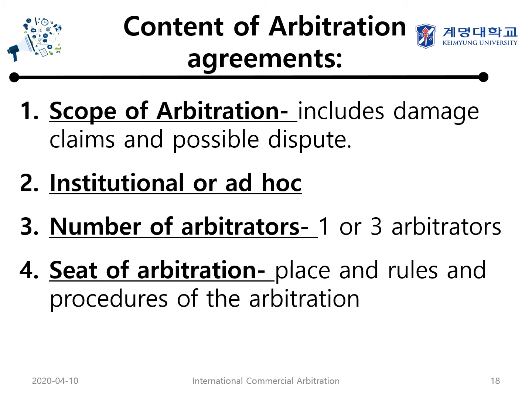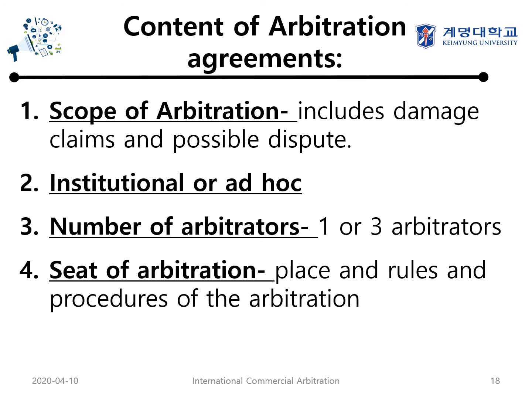That could be the scope or the extent of the dispute. Next, they particularly write whether they're going to use institutional or ad hoc. Third is the number of arbitrators.